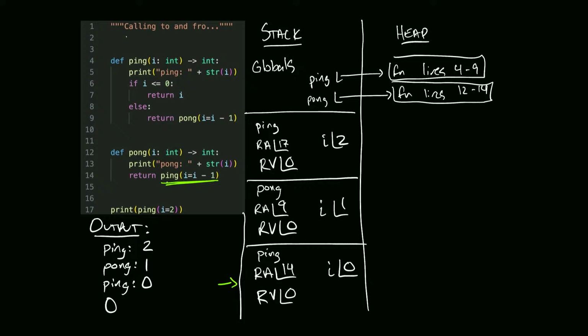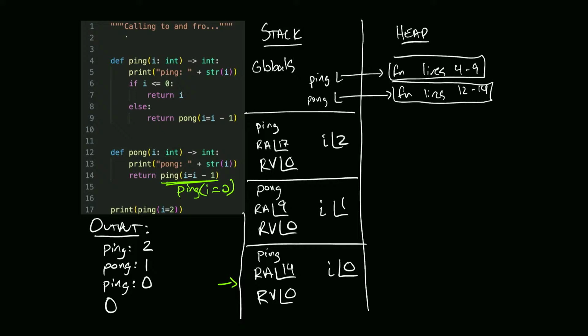In other words, this was the same as ping I is 0, because in the frame of pong that we were calling it from, I was currently 1. So when we evaluated this call, ping I is 0 from the pong frame, that led us into ping, where I was 0, and in that case, we just returned 0 back, and that's straightforward.